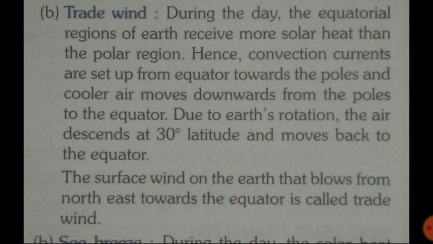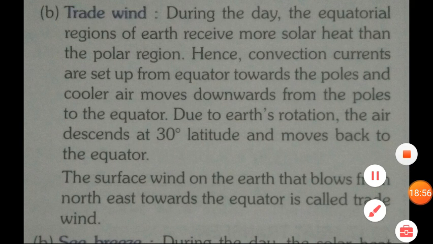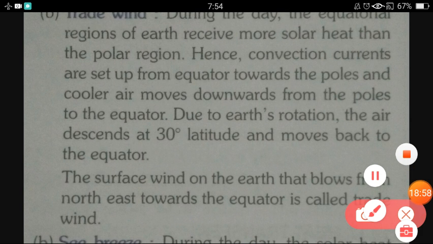The temperature at the equator rises, so the hot air starts moving from the hot region to the cold region, that is from the equator to the poles. And the cooler air starts moving from the poles to the equator. Once again let me show you with a diagram.